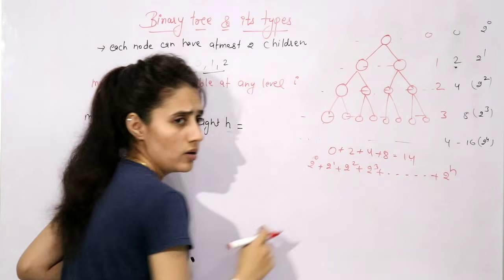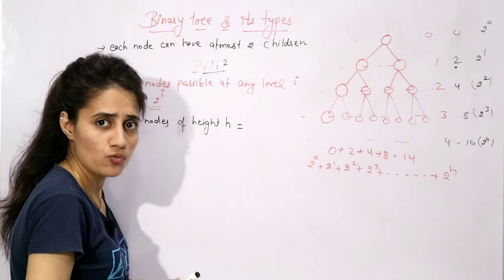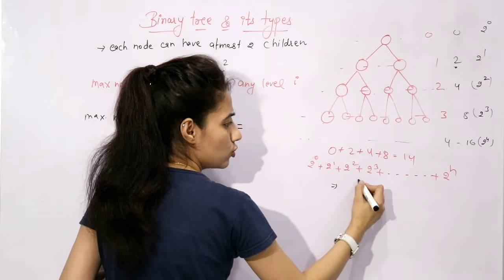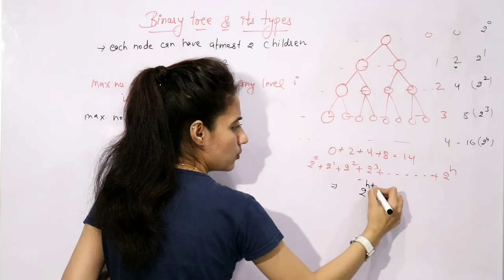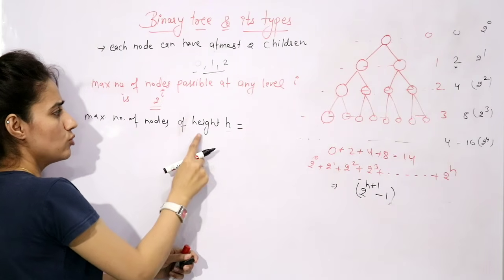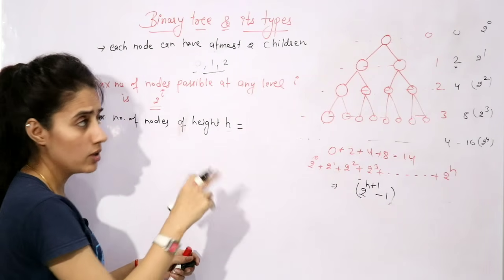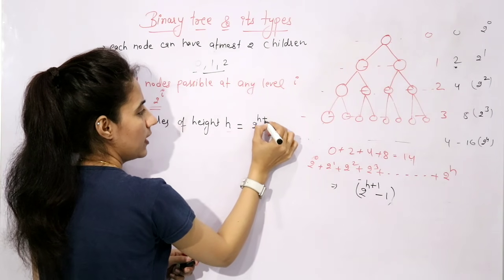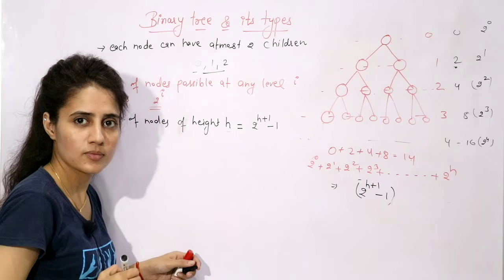Now this is simply a GP series, and how to find the sum you can easily Google it out. I am not going to tell you this. So the answer would be 2 raised to power h plus 1 minus 1, right? So the maximum number of nodes at height h in a binary tree can be 2 raised to power h plus 1 minus 1, right?